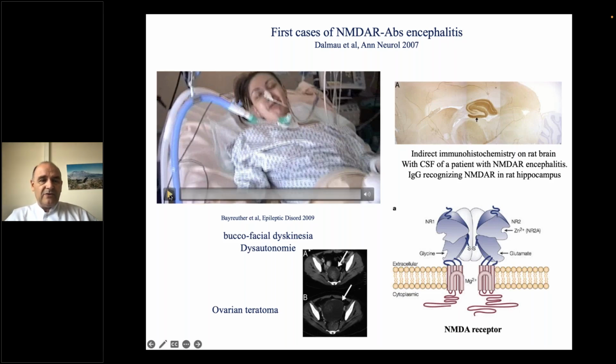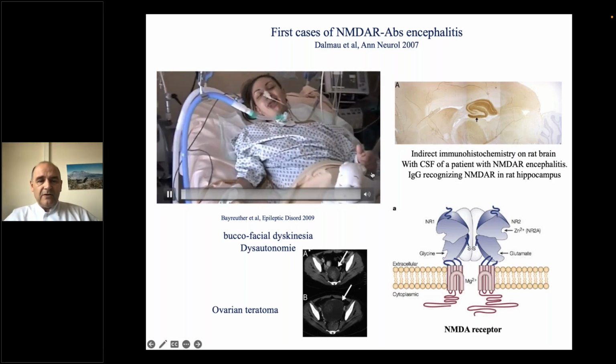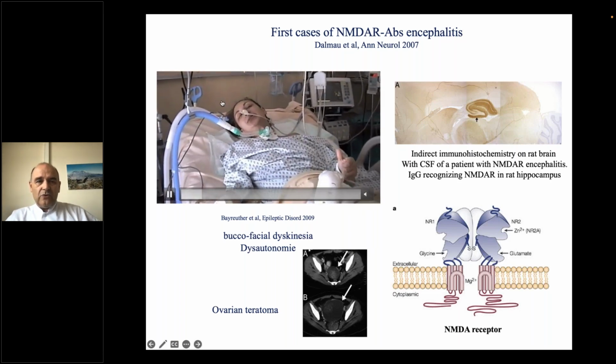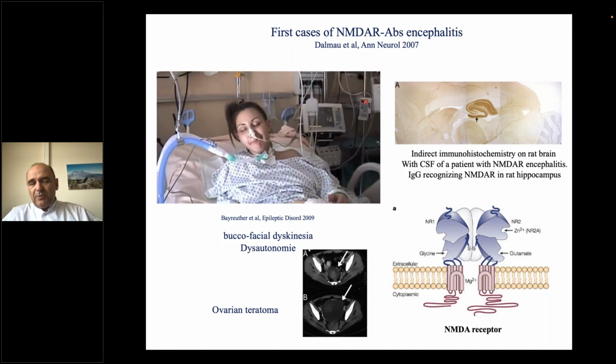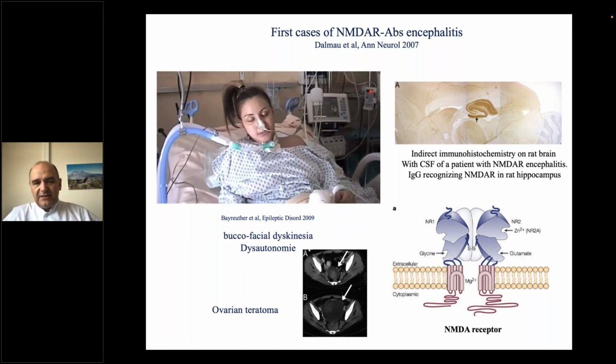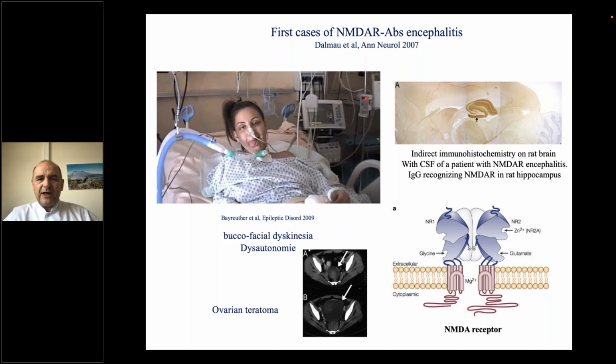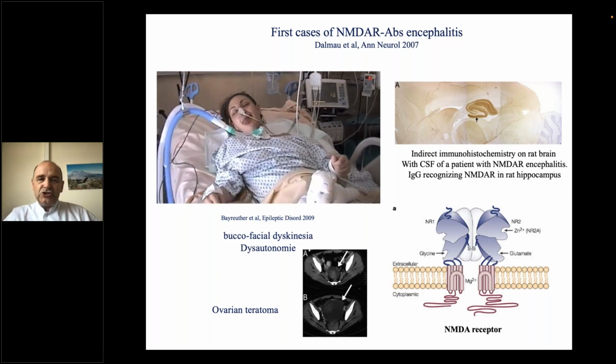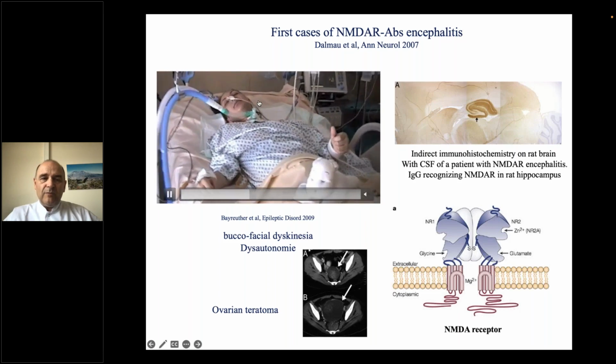Here you can see the typical patient, a woman who was 18 years old. She developed subacute psychiatric symptoms and was hospitalized in psychiatry, where she developed seizures and abnormal movements.